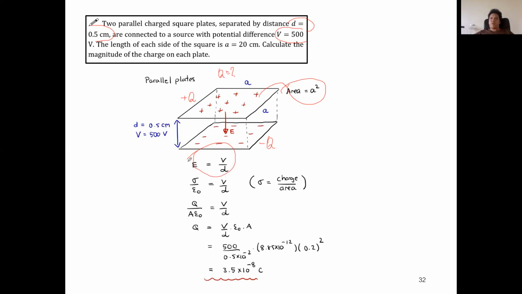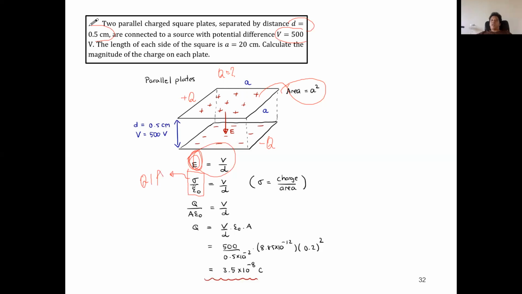And for E, we can write it in this term that we have derived for the case of parallel plates in the lecture on Gauss's law. That E is in terms of epsilon zero and in terms of the charge density, or the charge per unit area.